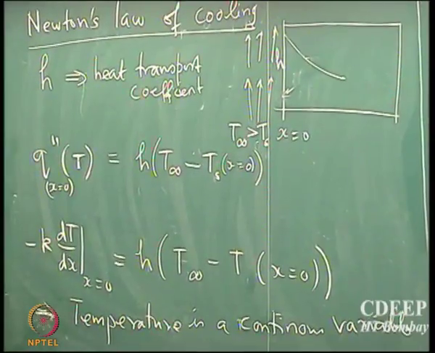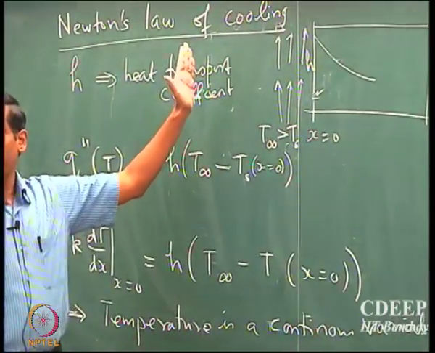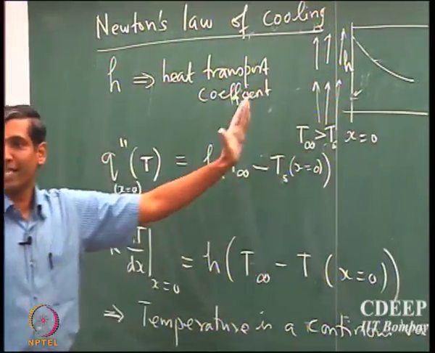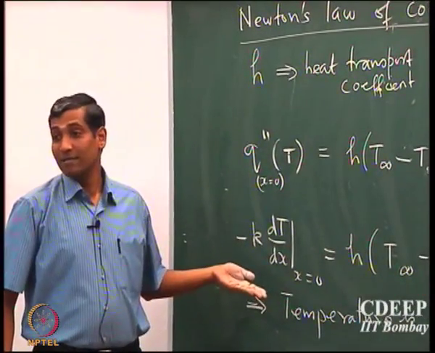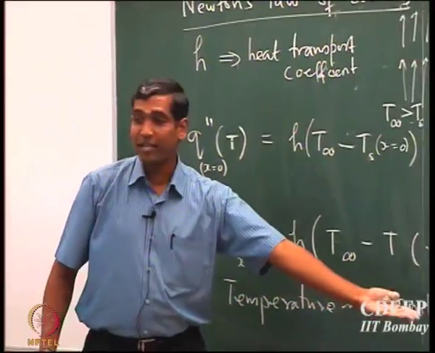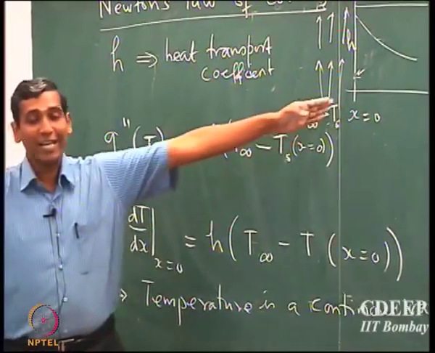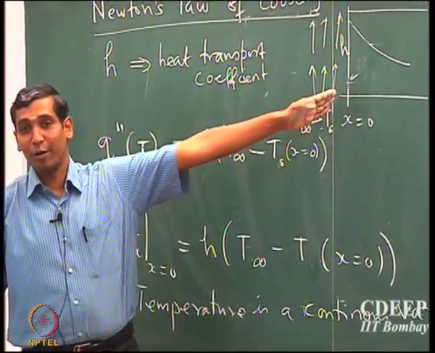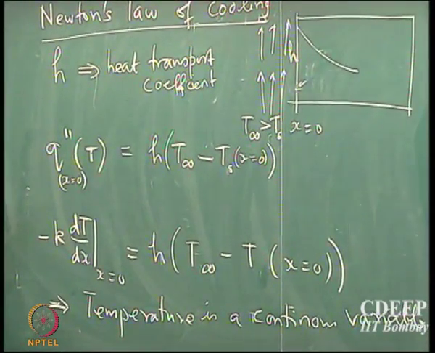Because it's a continuous variable, there has to be a gradual change in the temperature, and the way to account for it mathematically is that the gradients have to be equal. That's how you ensure that the temperature changes continuously without any jump at the boundary point. So this is very important to understand how this balance comes about.